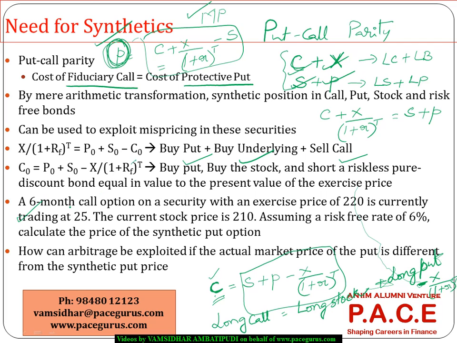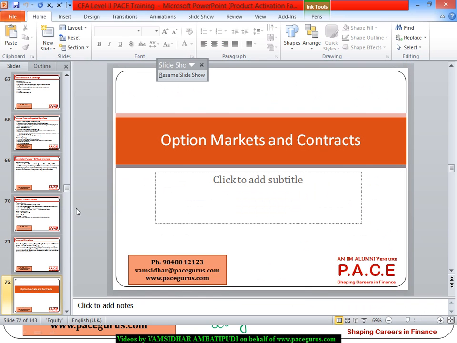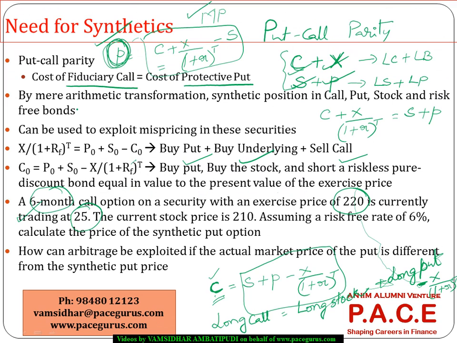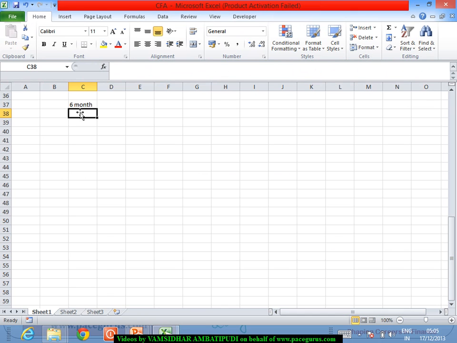Let's say right now, a 6-month call option with an exercise price of 220 is currently trading at 25. Okay, let's take it onto a spreadsheet. So we are talking about a 6-month call option, exercise price of 220.